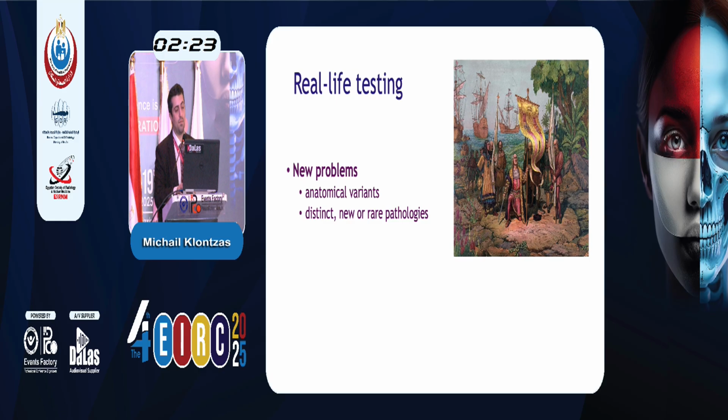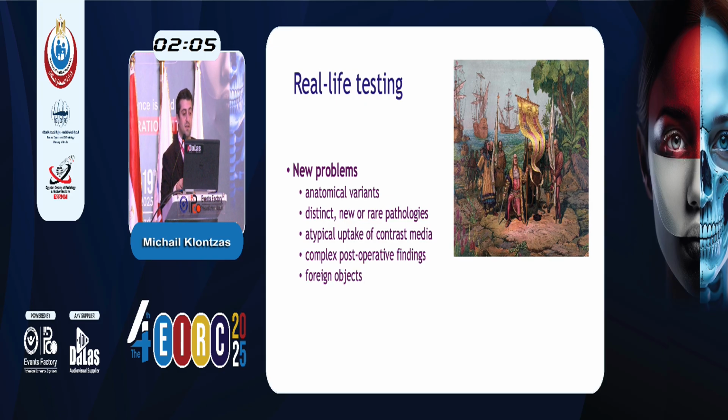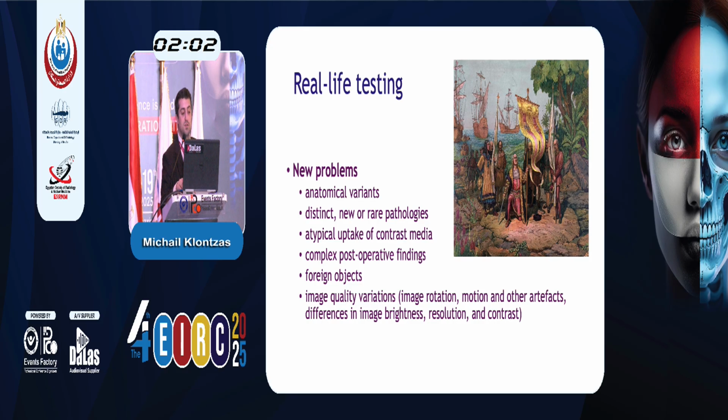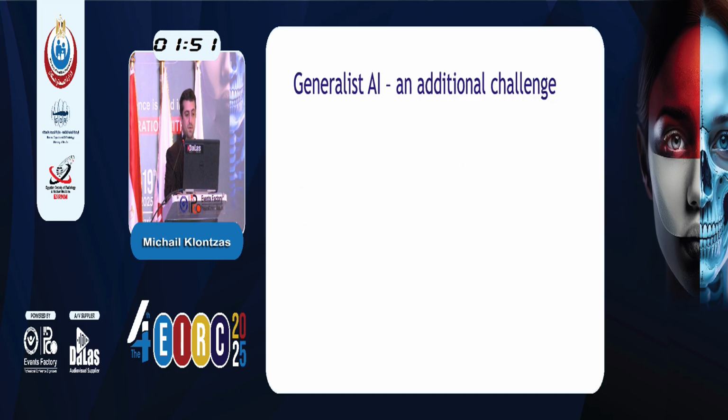Before the appearance of COVID, algorithms would not have seen something exactly like this if you had an algorithm for chest X-rays, for example. You may have atypical uptake of contrast media. You may have problems in the administration of the contrast, complex post-op findings, foreign objects, variations in image quality for several reasons, and these could cause problems unless you test in real environments. So testing in real life is extremely important to avoid problems.